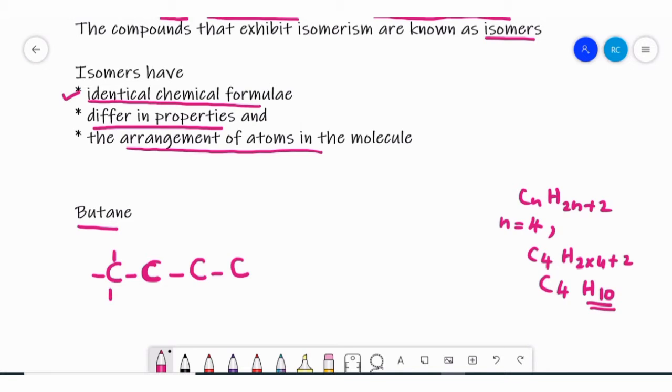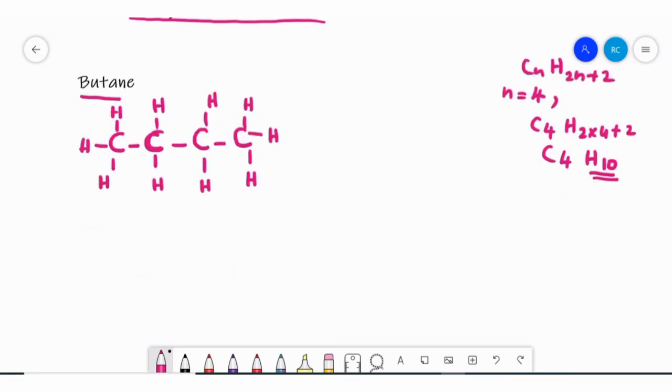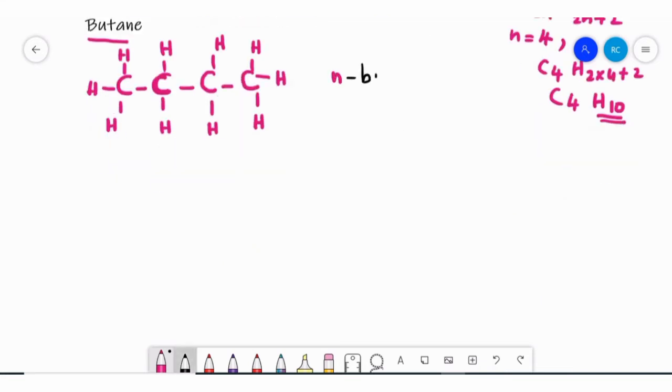These are the hydrogen atoms: CH3, CH2, CH2 and CH3. This is the structure of the butane molecule, and we call this N-butane, or normal butane. N represents normal. This is the normal structure of the butane molecule.